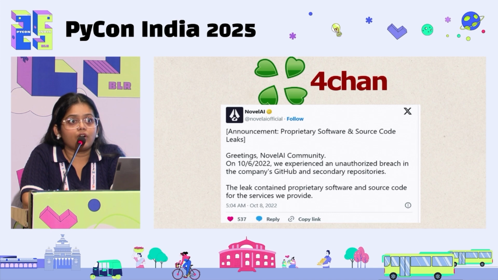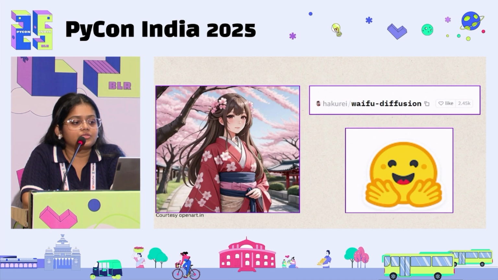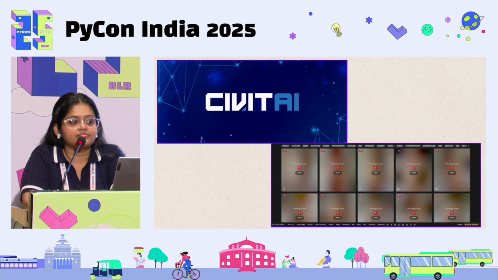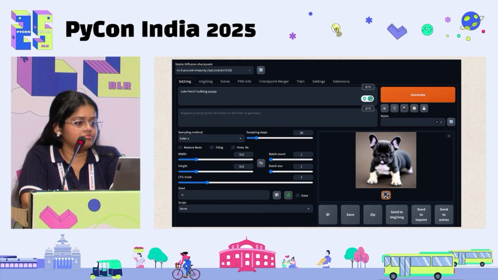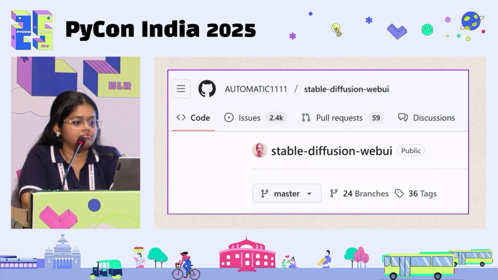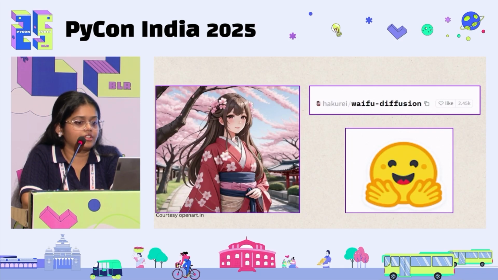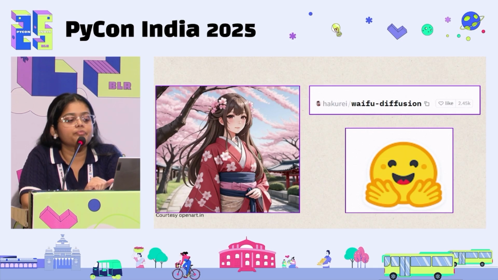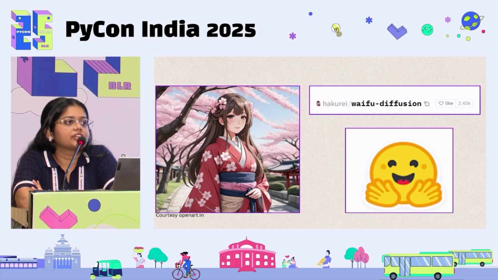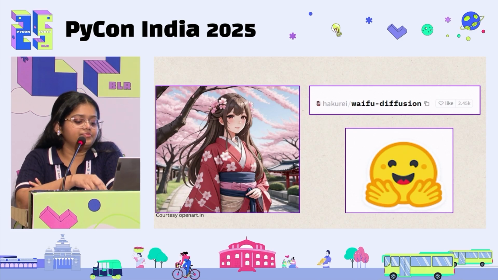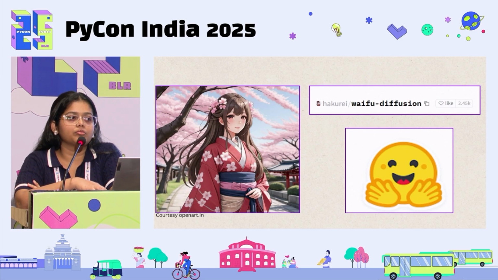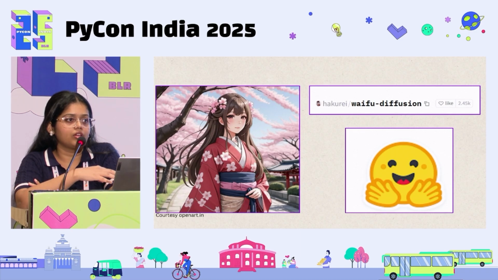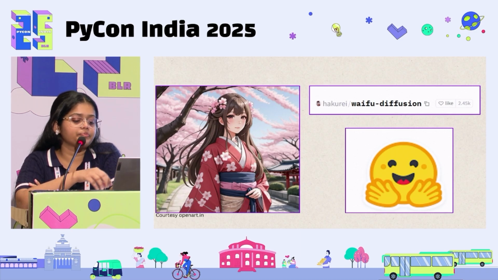So a lot of spin-offs started to emerge, and this was the big one. Waifu Diffusion is trained on anime data and NSFW data. What I wanted to say is a lot of custom models emerged out of all of this activity that happened on 4chan.